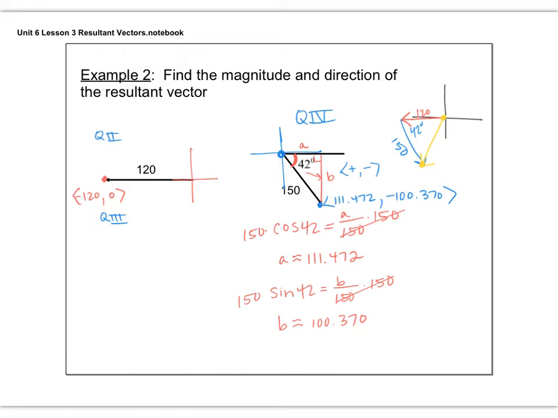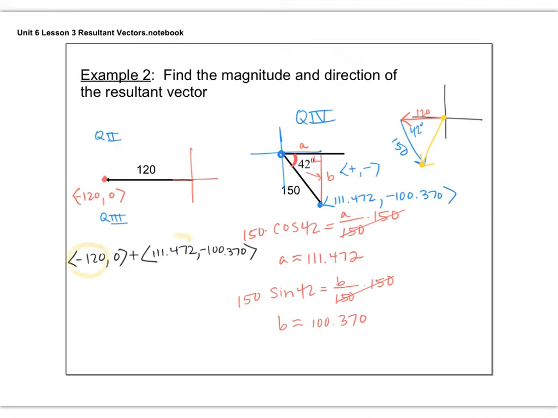All right, next, remember, we're going to add these two together. So we have to imagine where it would end up. To add them together, we take our two components and add them together. So we're going to do negative 120, 0 plus 111.472, negative 100.370. We add the horizontal components first.